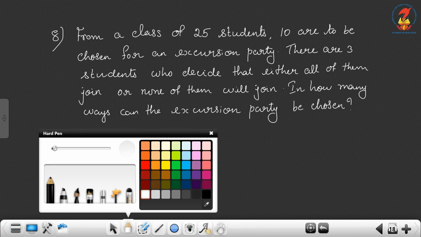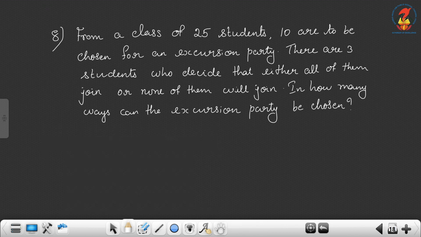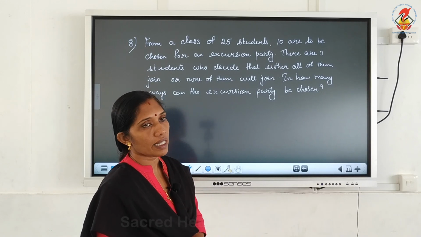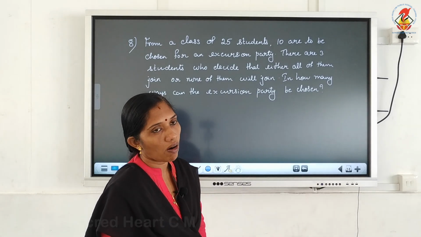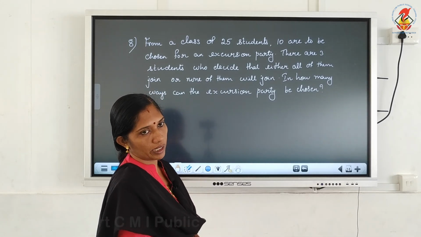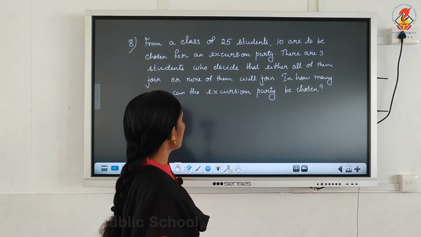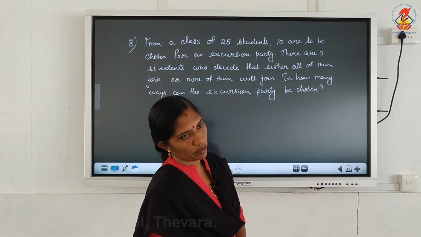There are 3 students who decide that either they all join the party or none of them will join the party. So in how many ways can the excursion party be chosen?